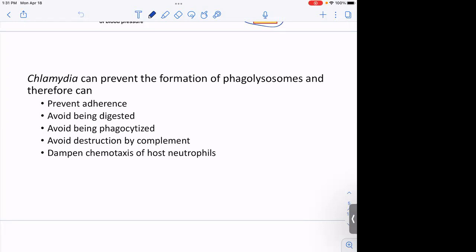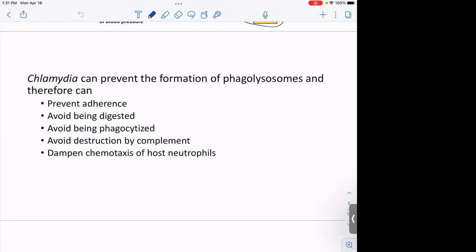It recognizes that it's appropriate to phagocytize that pathogen through toll-like receptors, and then it has to adhere to the pathogen. It engulfs that pathogen in an endosome, and then inside the white blood cell, that endosome fuses with a lysosome, and that's when all the digestive enzymes are put on that pathogen. Then it usually kills it, and then the phagocyte eliminates it.